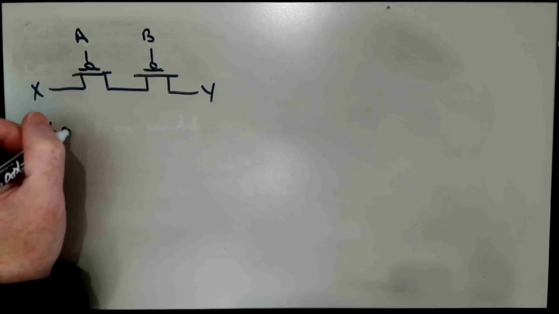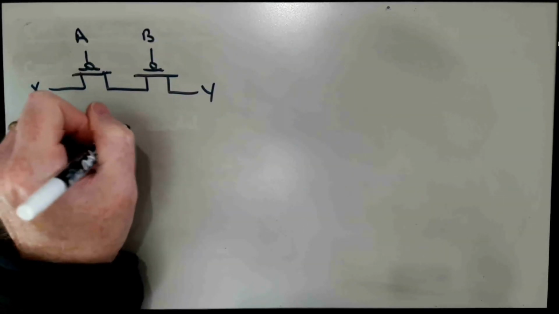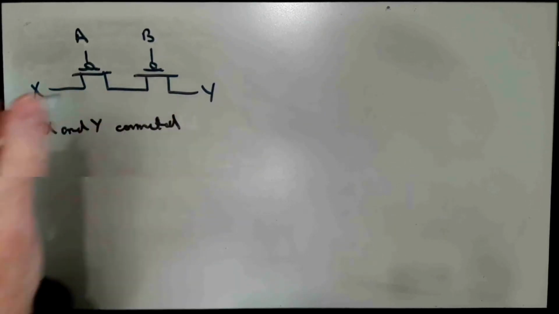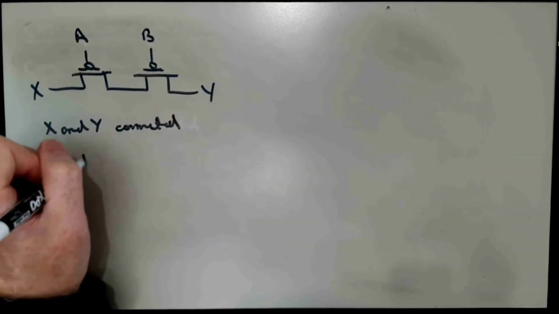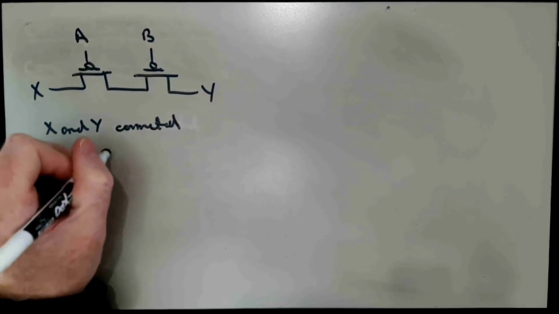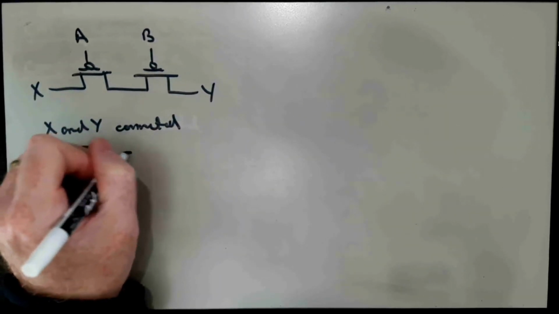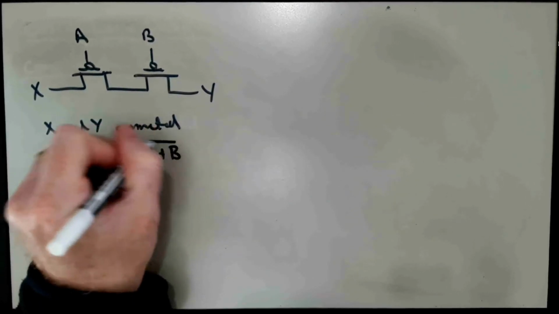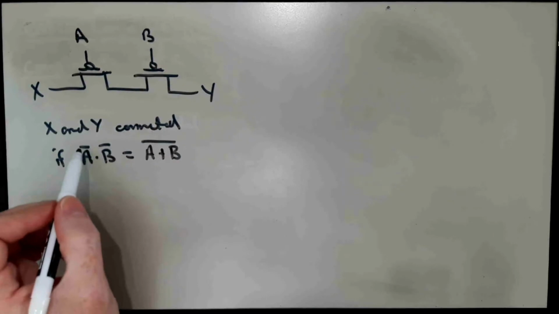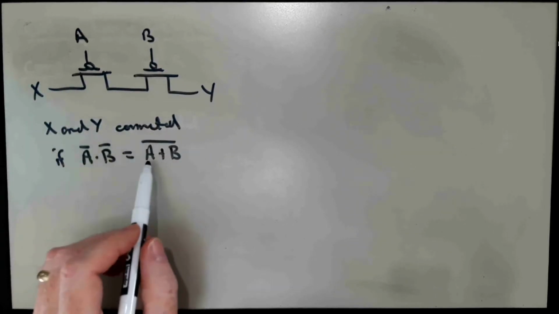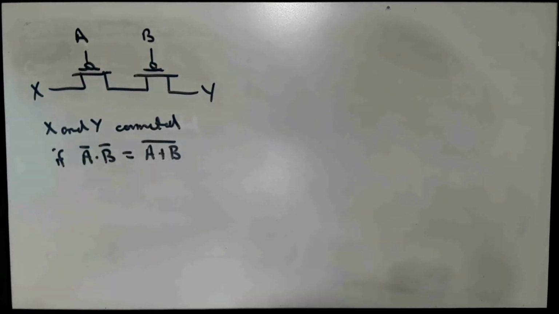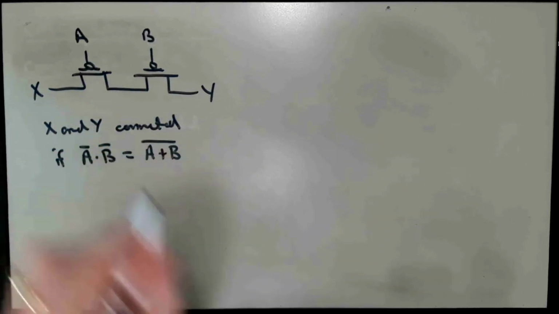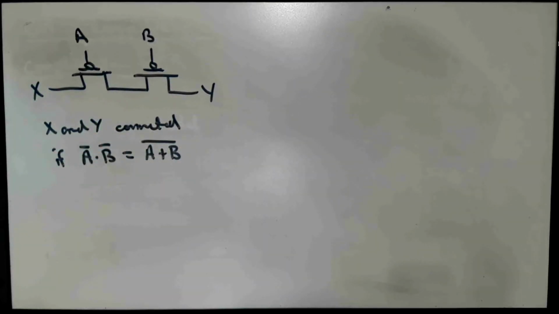So x and y are connected if not A and not B, which by De Morgan's other law would be A nor B. Again we pop the overbar up one level and we change the conjunction to disjunction in De Morgan's laws. So here we have nor.